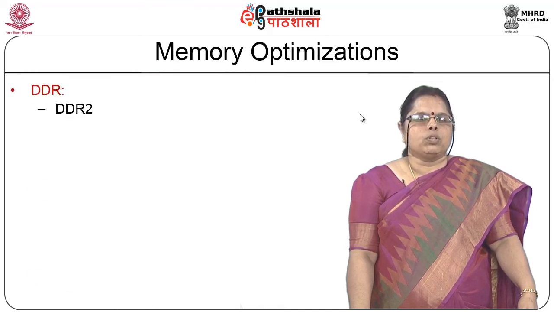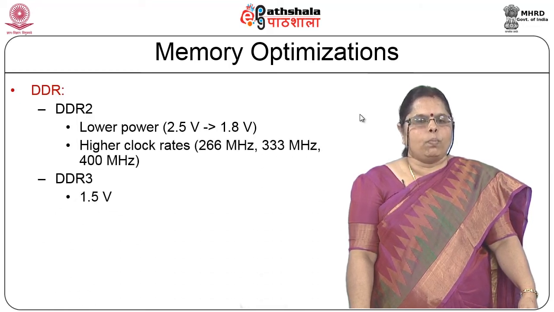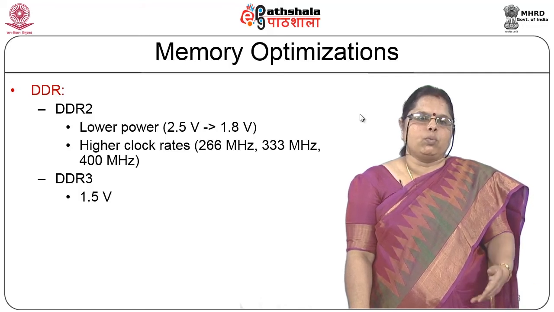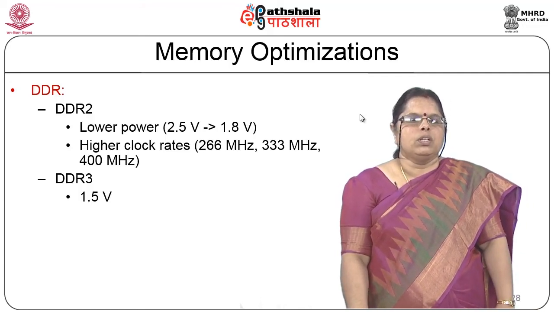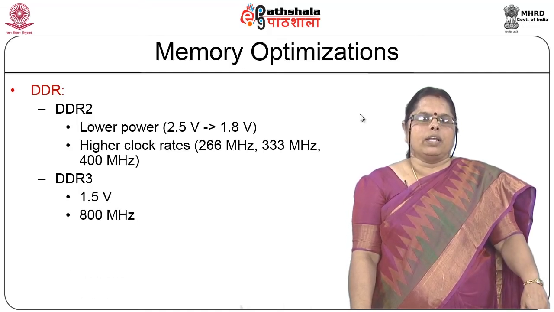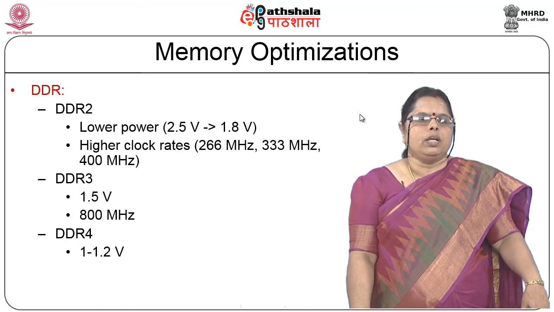Then DDR was further extended to DDR2, DDR3 and DDR4. DDR2 has very low power: from 2.5 volts it was reduced to 1.8 volts. It supports higher clock rates. DDR3 again has its own voltage ranges and frequency ranges at which it can operate.